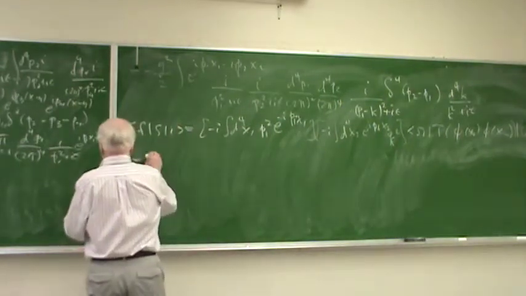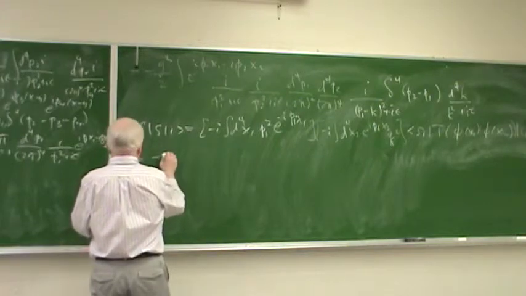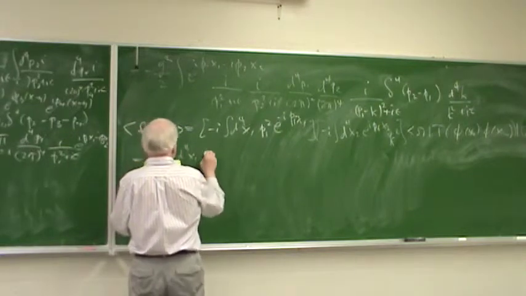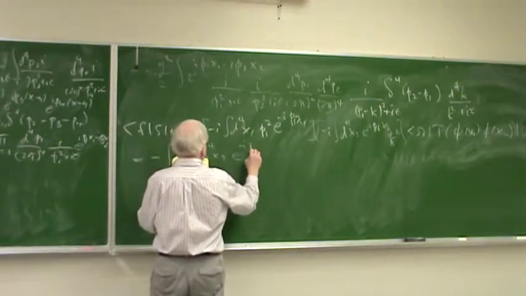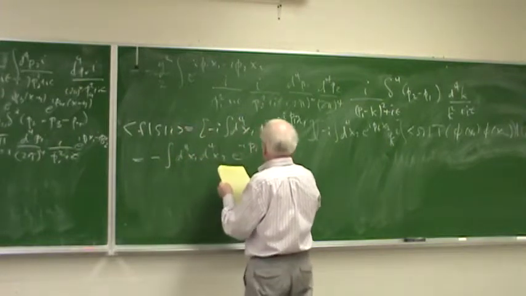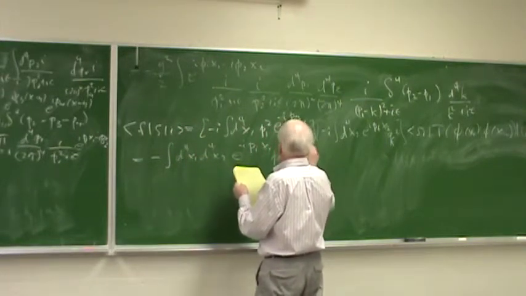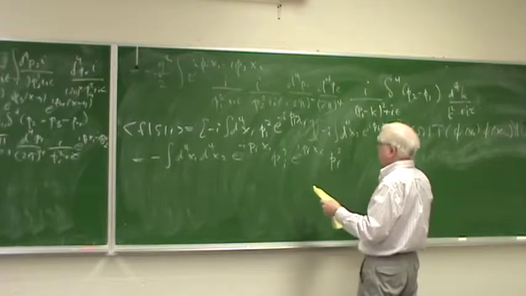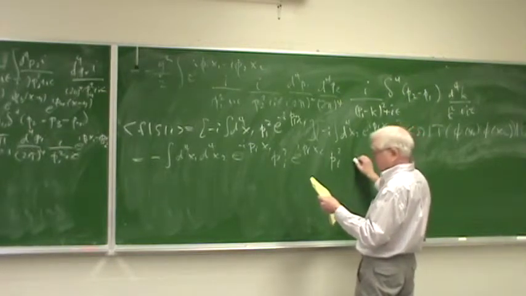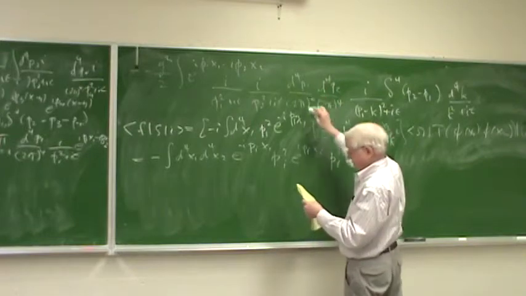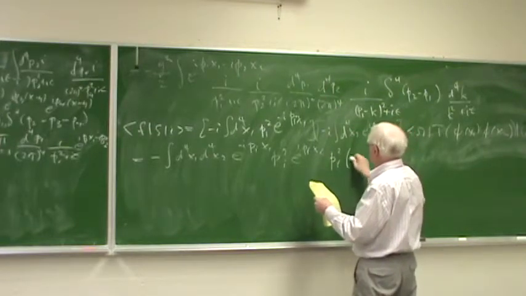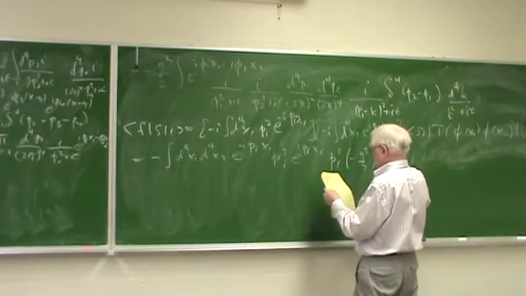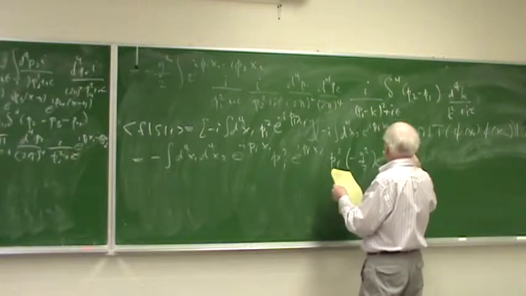So we're going to reduce this to minus i times minus i is minus d⁴x1, d⁴x2, e to the minus i pi x1, pi squared, e to the i pf x2, pf squared, t1. Now all we're going to do is put in t1, and to save time I'm just going to grab the thing from here, and that will give us minus g squared over 2, e to the i, p1 minus p.